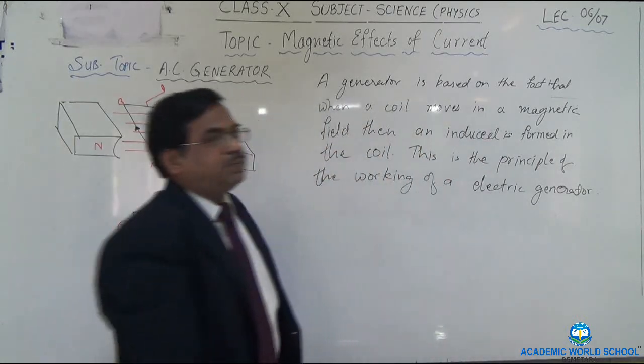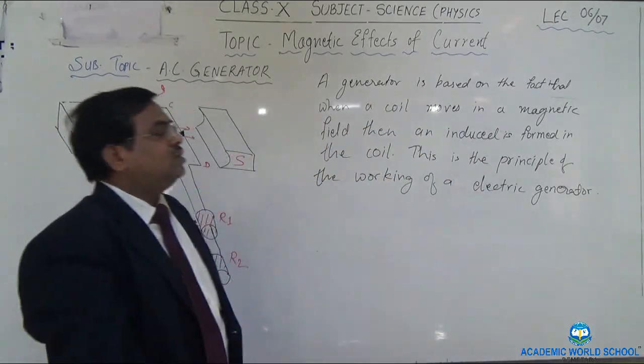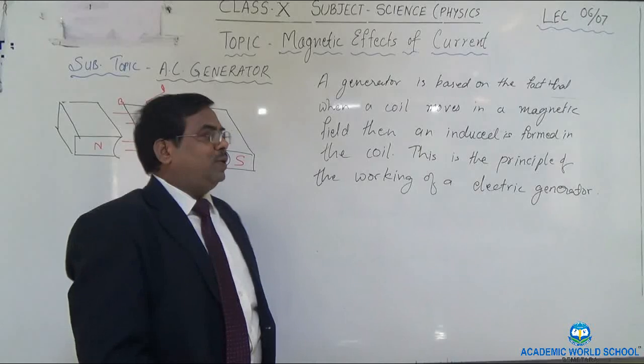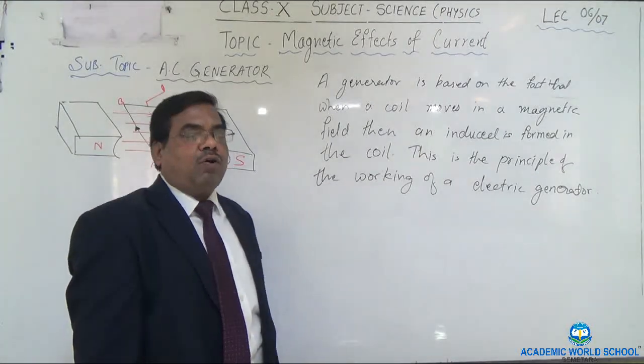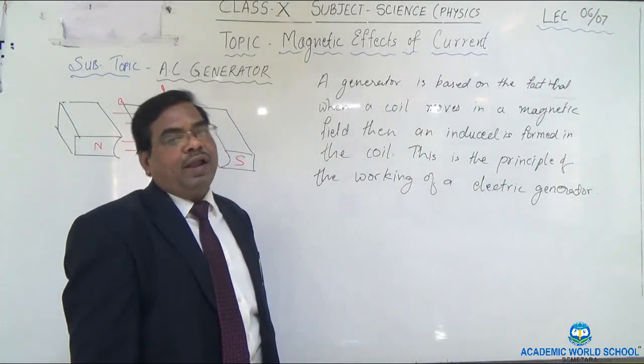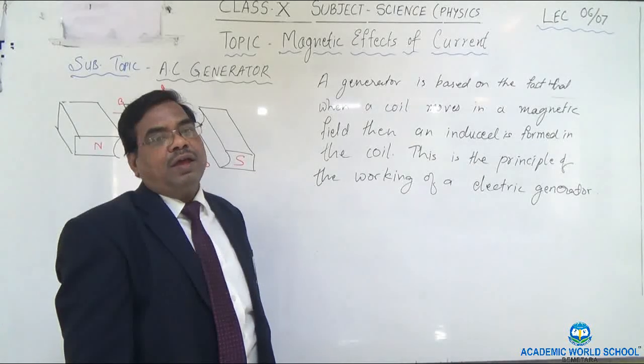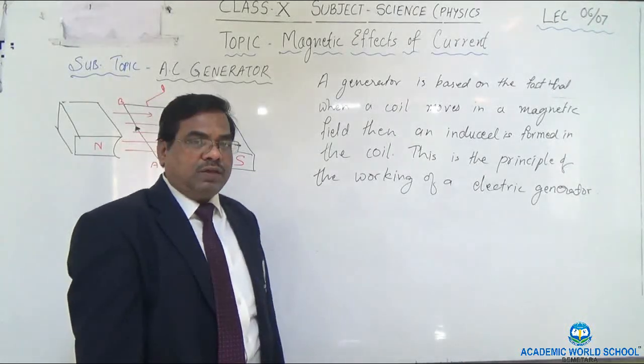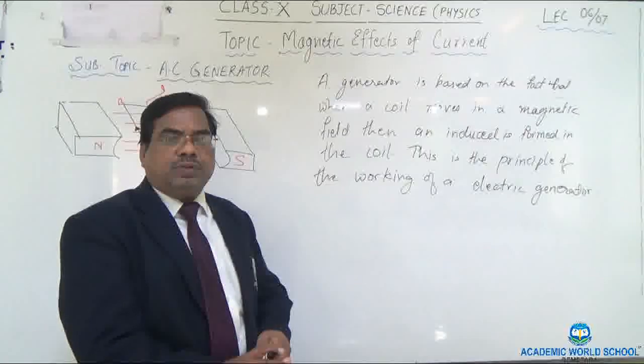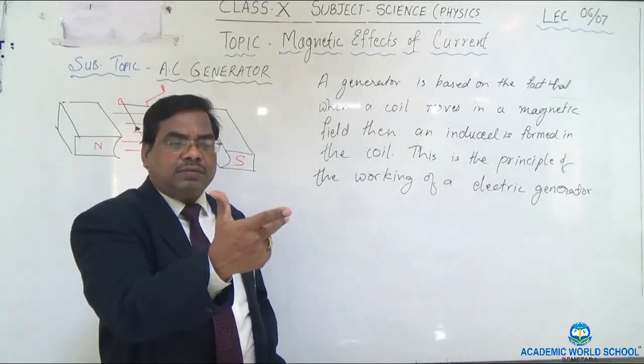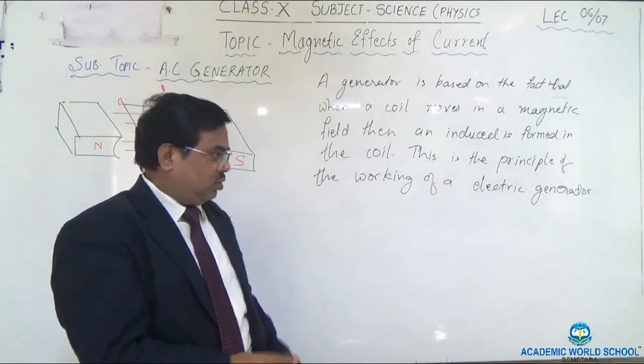So what is the principle on which the generator works? The generator works on a simple principle that whenever a coil moves in a magnetic field, there will be production of induced current.